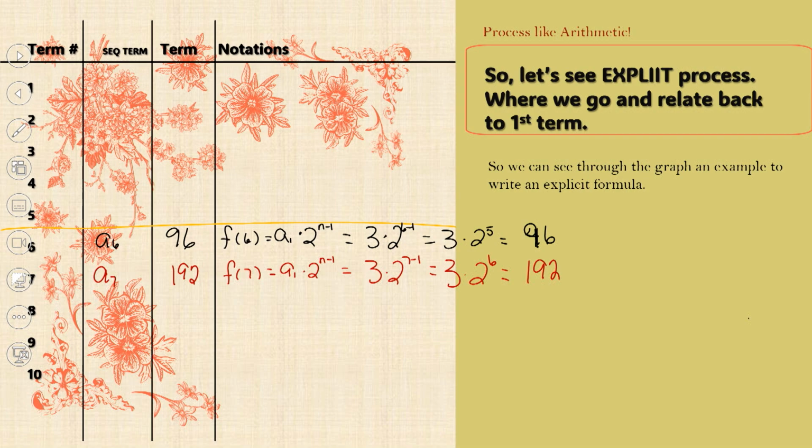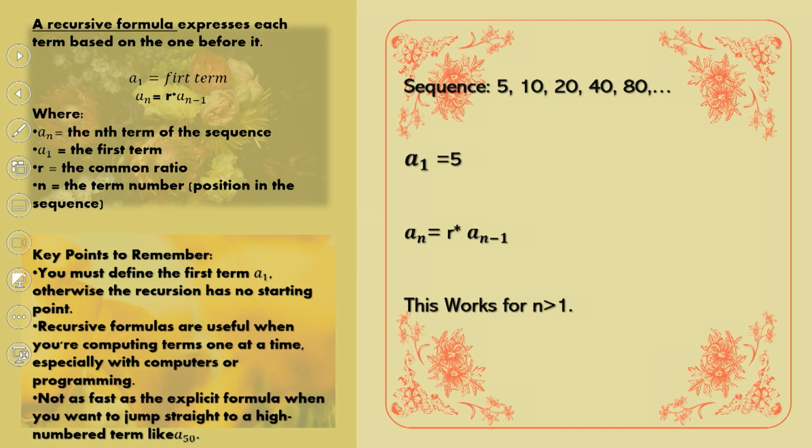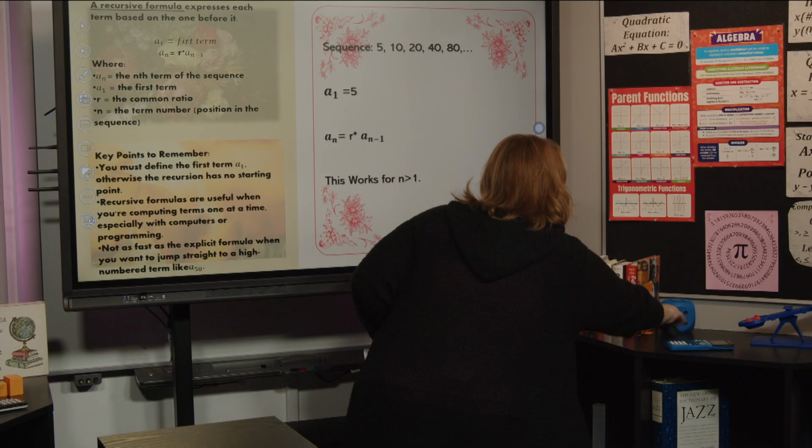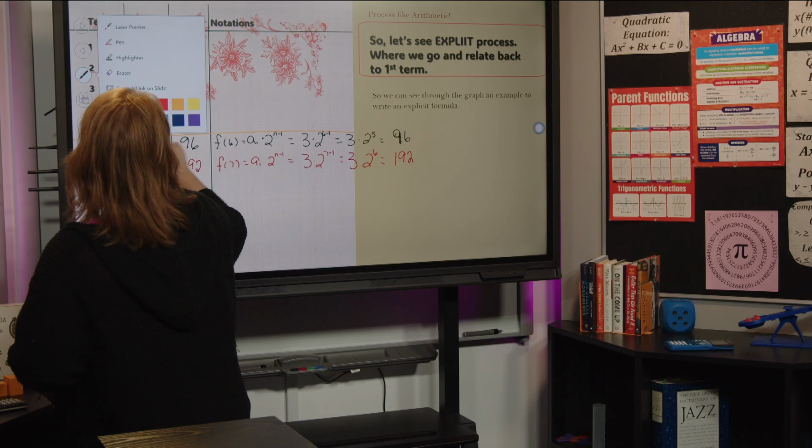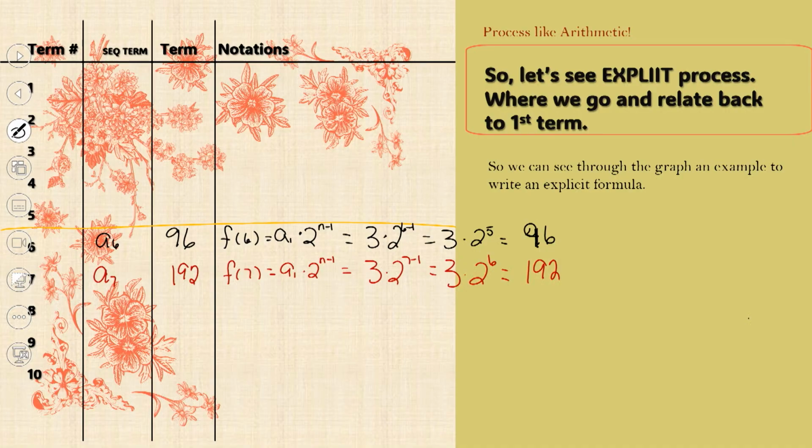All right, let's do the next one. So I've got a sub 8. So I have f of 8 equals a sub 1 times 2 to the n minus 1, which is just like saying 3 times 2 to the 8 minus 1.